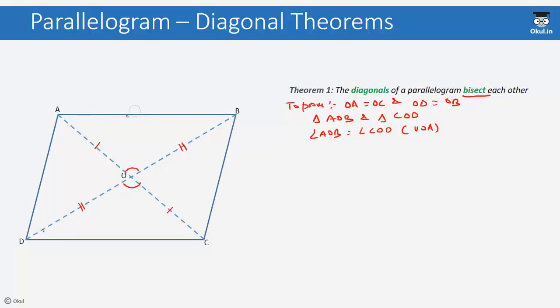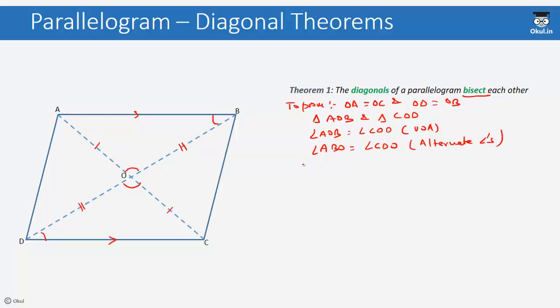And since ABCD is a parallelogram, AB should be parallel to CD. So angle CDO must be equal to angle ABO because these are a pair of alternate interior angles.